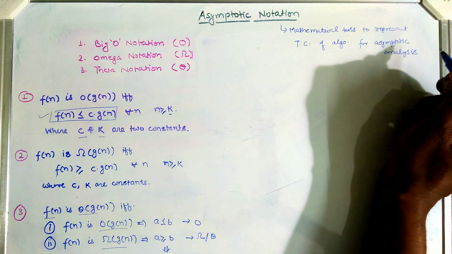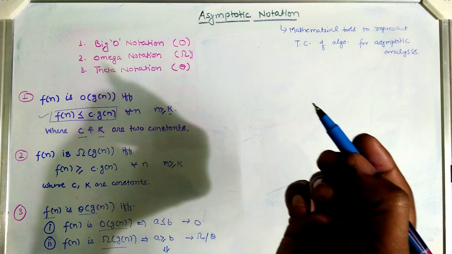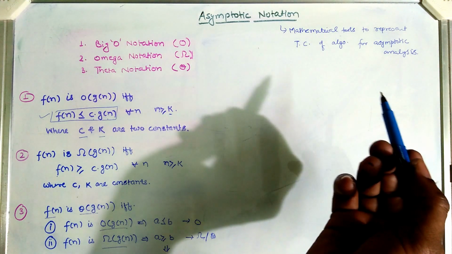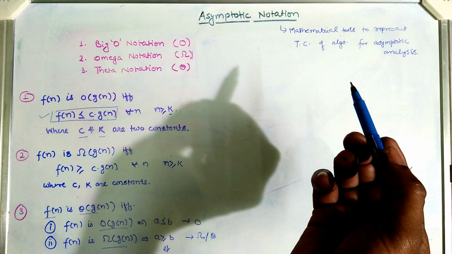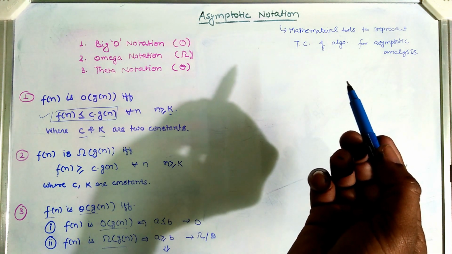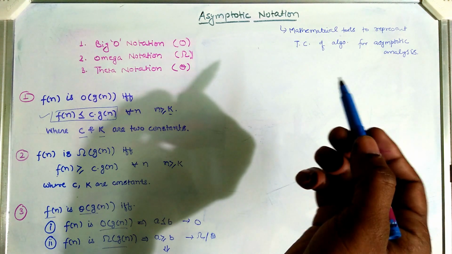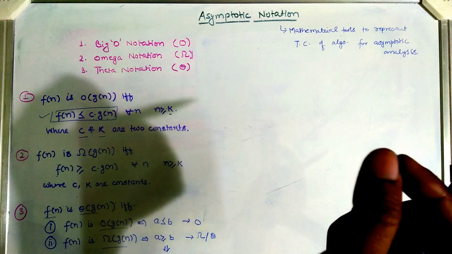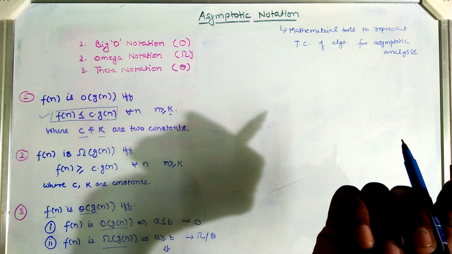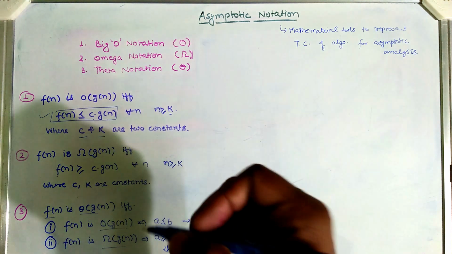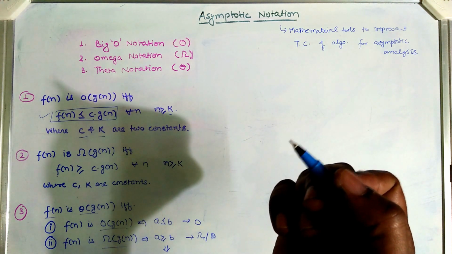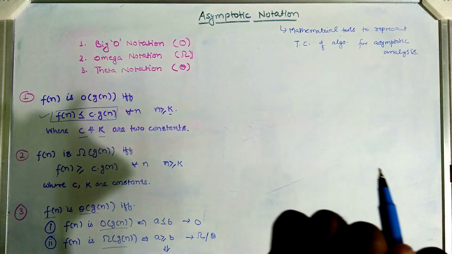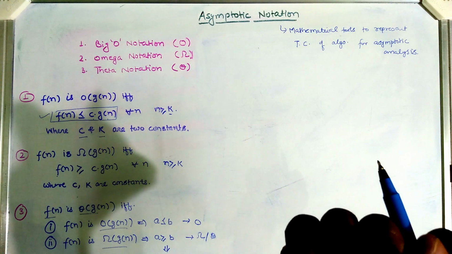Asymptotic or approximate analysis. Okay, so asymptotic analysis is the analysis of an algorithm used to measure the efficiency of an algorithm that does not depend upon machine specific constants, and does not require the algorithm to be implemented and the time taken by the programs to be compared.